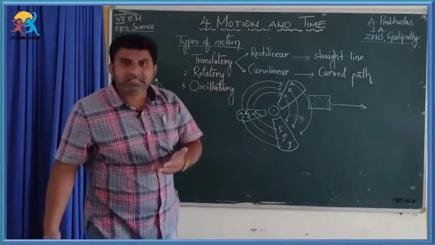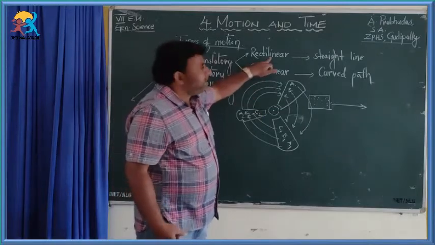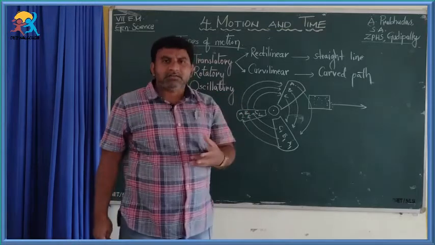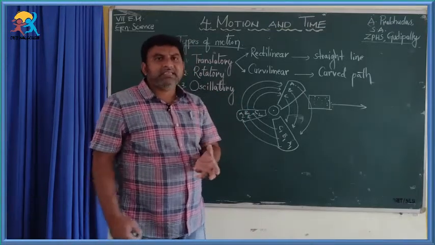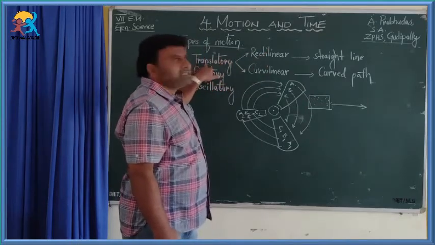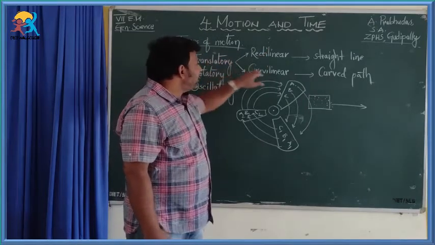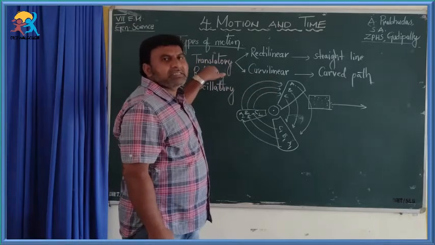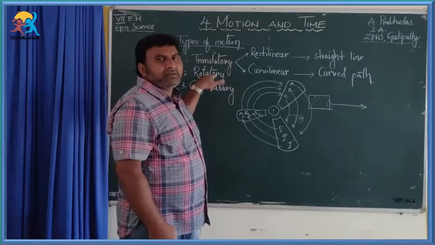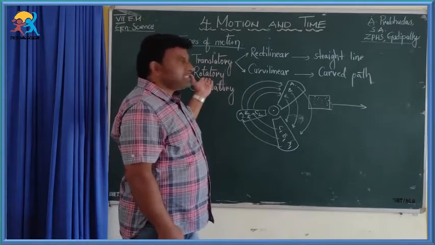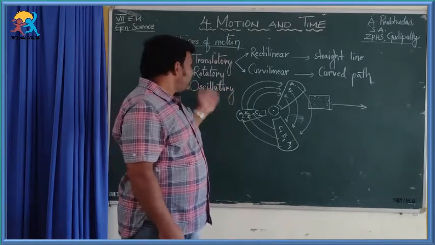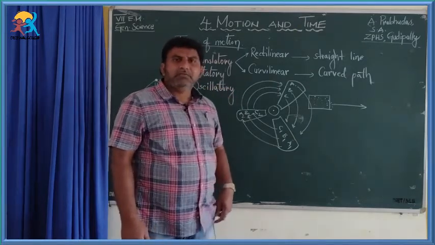If anybody asks you whether rectilinear motion is translatory or not, you must say yes, because rectilinear motion is always translatory motion. Similarly, curvilinear motion is always translatory motion, and you know very well the definition of translatory motion. In the same way, you know the definition of rotatory motion and oscillatory motion.